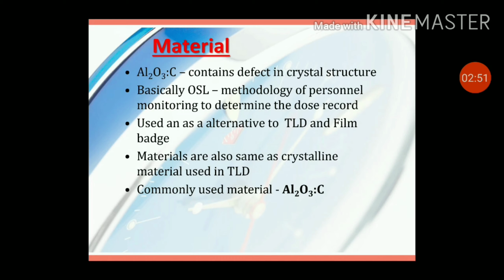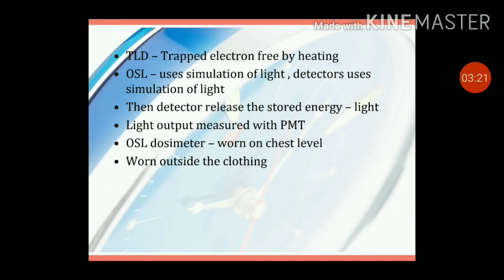In TLD, the trapped electrons are freed by heating the card. OSL uses stimulation by light instead of heating. Then the detector releases the stored energy in the form of light. The light output is measured by a photomultiplier tube, which is used to measure the unit for the dose.